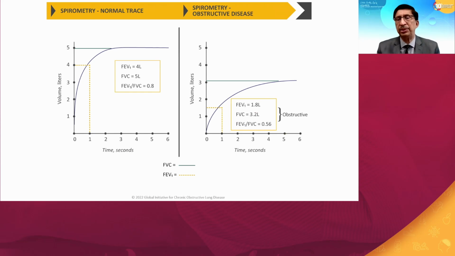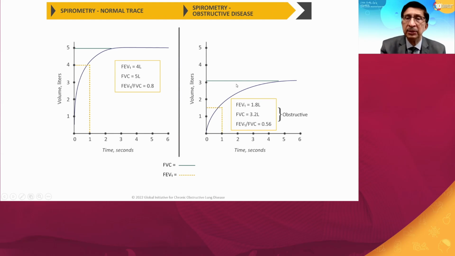Now, the diagnosis is by spirometry, and on the left-hand side you can see a normal spirometry trace. Here you have an FEV1 of 4 liters with a vital capacity of 5 liters. This normal gentleman has a ratio of 0.8, which is perfectly normal.